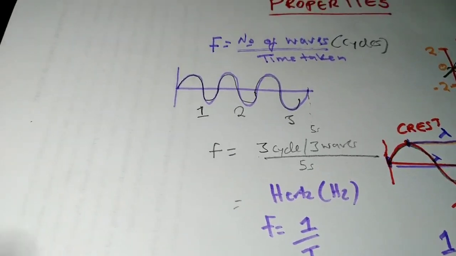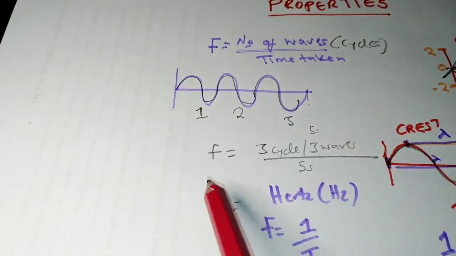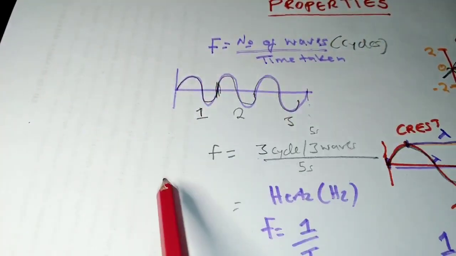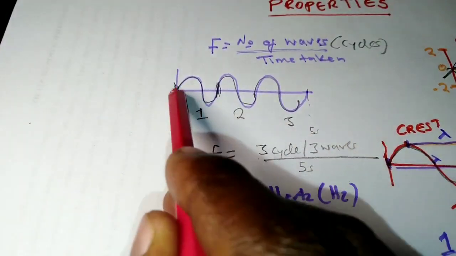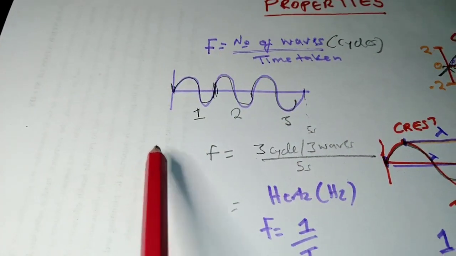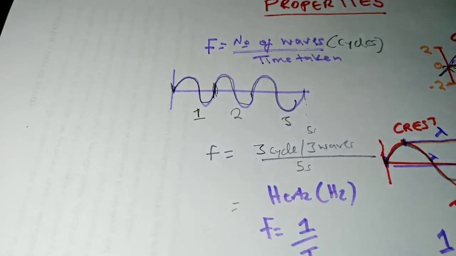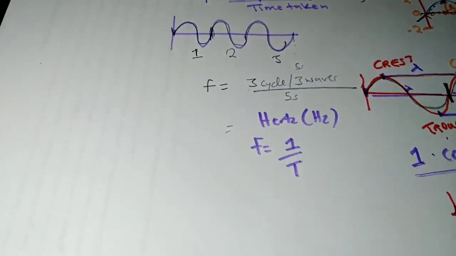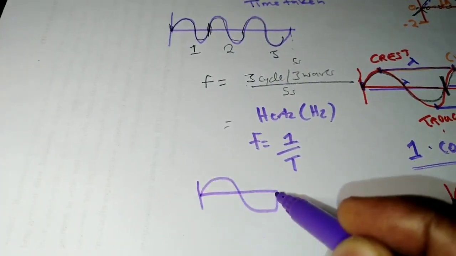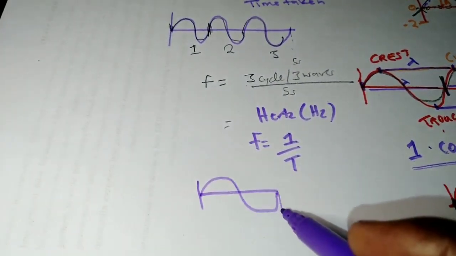For now we know this is one complete wave. The time it takes to form this wave, we call the period. One complete wave is one crest and one trough, so how long did it take?